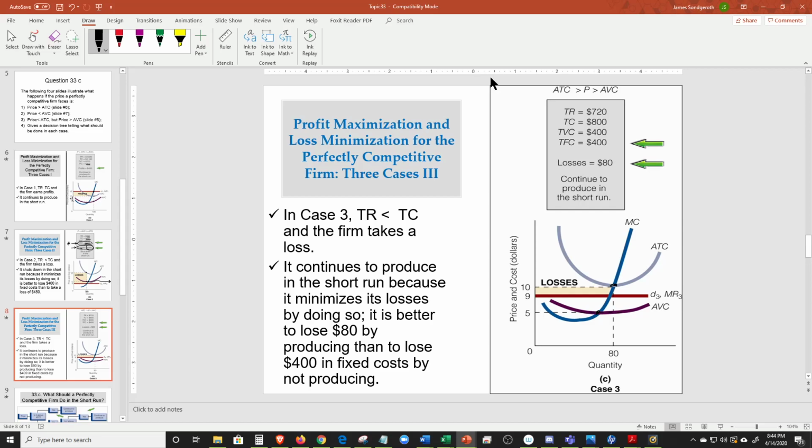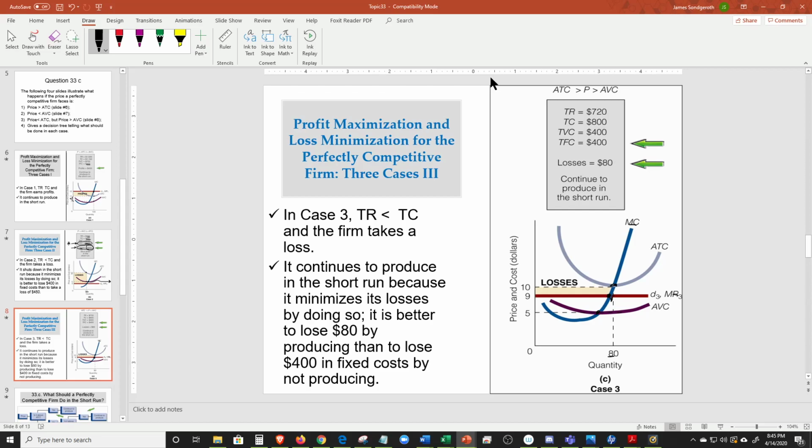And so here, the firm, if it produces at the point where marginal cost equals marginal revenue, so marginal costs are the same as marginal revenue where they cross. It doesn't look like they got this quite in line.